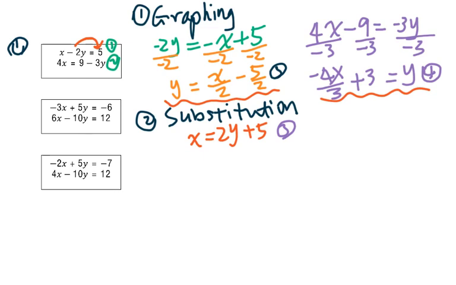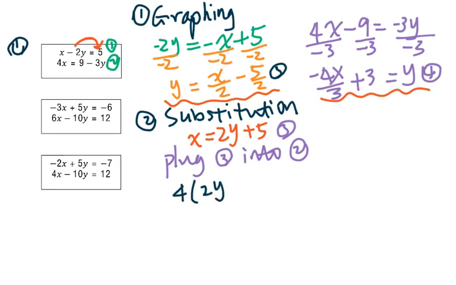Then I label this as the third one. And I plug in. Plug 3 into the second equation. So I will get 4 times (2y plus 5) equals 9 minus 3y. Then I will do the distributive property.